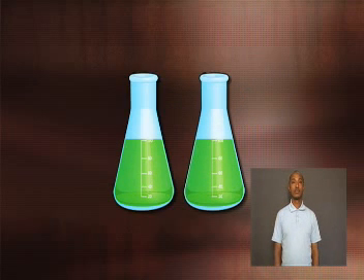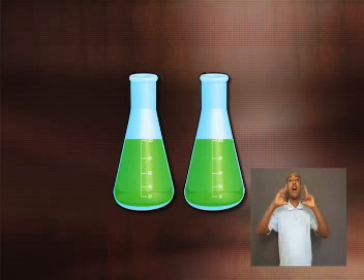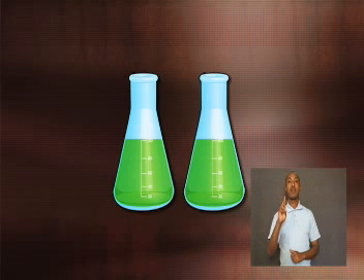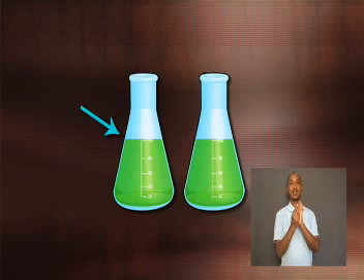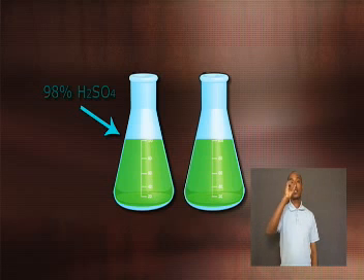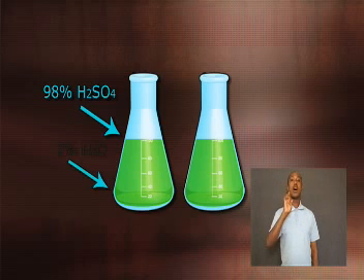A concentrated acid contains a relatively large amount or percentage of acid and a small amount of water. For example, a concentrated solution of sulfuric acid contains 98% sulfuric acid and only 2% water.